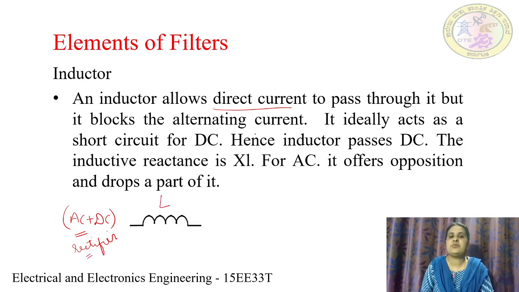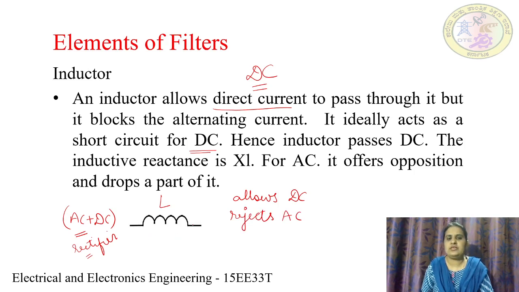Since it opposes the rate of change of current, and there is no rate of change of current in case of the DC, therefore it allows the DC to pass through it and rejects all the AC. So, an inductor basically allows the DC components to pass through and rejects all the AC components.